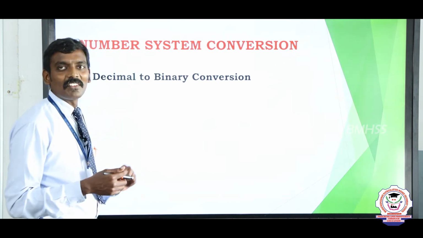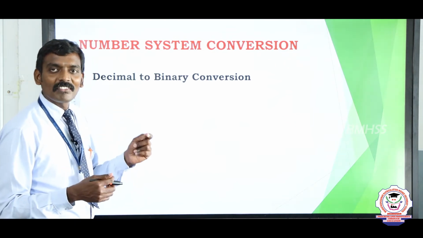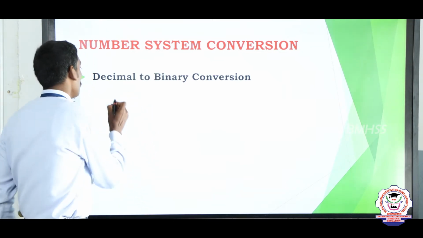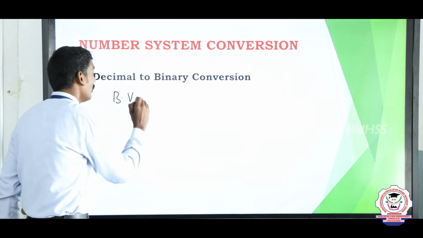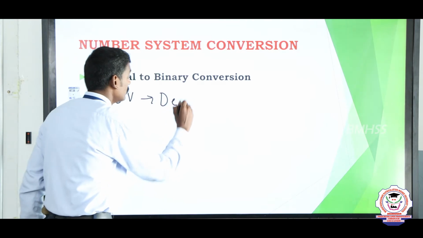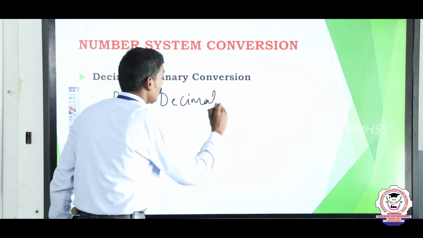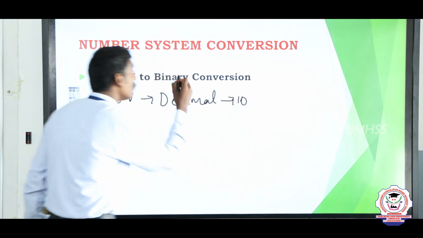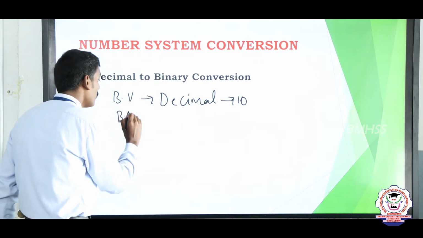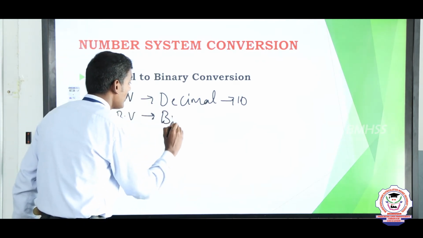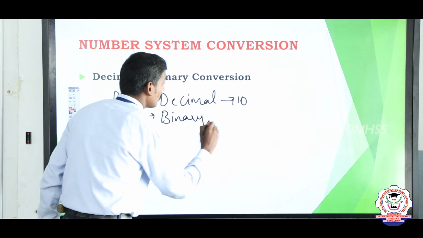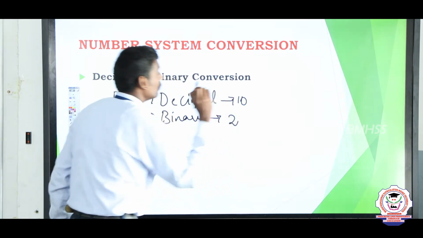What is the decimal number system? What is the base value of that? Very good, 10. The base value of the decimal number system is 10. And what is the base value of binary? The base value of the binary number system is 2.